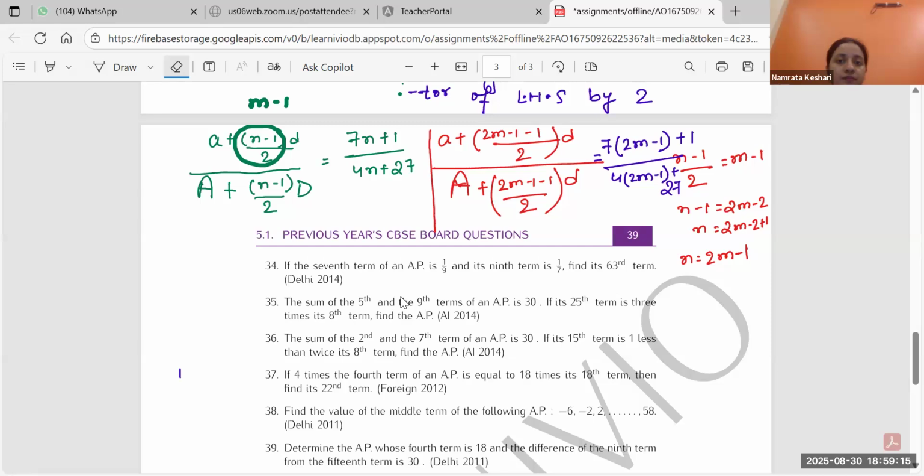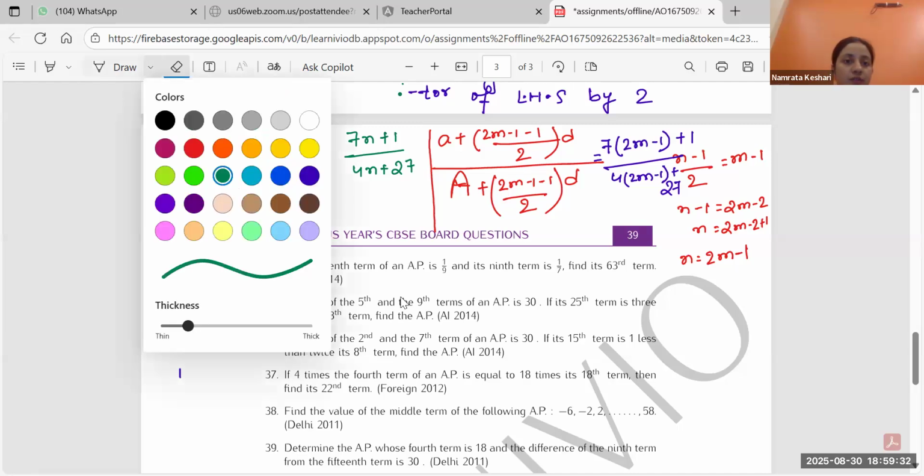Clear? Yes, ma'am. Then after that, if we substitute m minus 1 instead of (n minus 1) by 2, can you see this simplification?